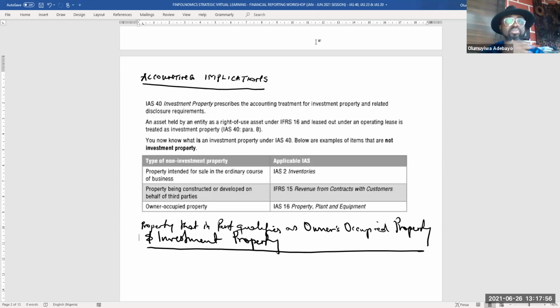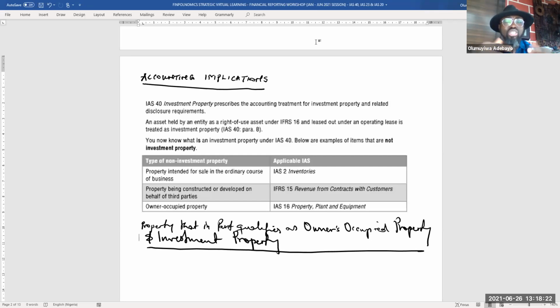Probably it will be possible if you look at the way people build properties now in form of estate property. Probably it is detached, and you can sell a particular property separate from the other one. Even for the semi-detached, it is possible you can sell it separately. Even for terrace, it's possible you can sell it separately.